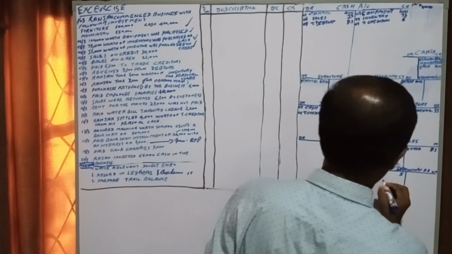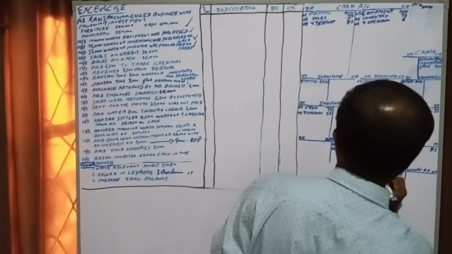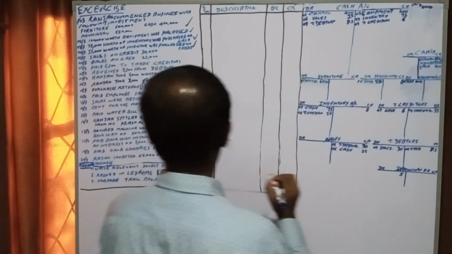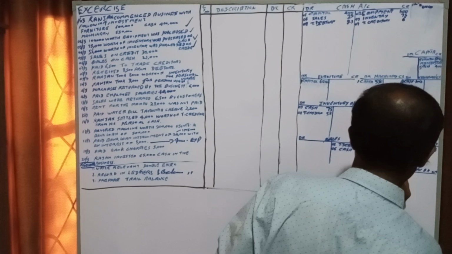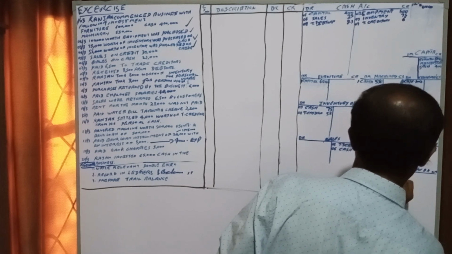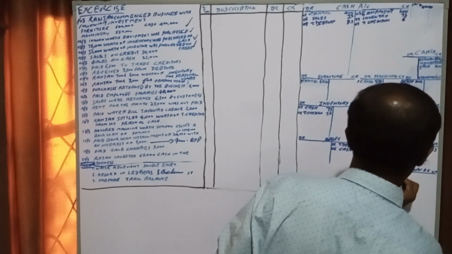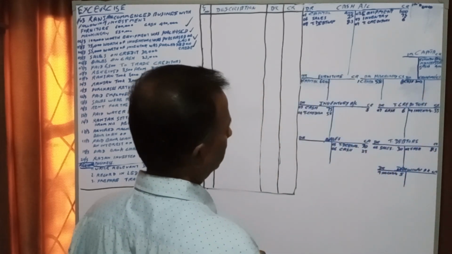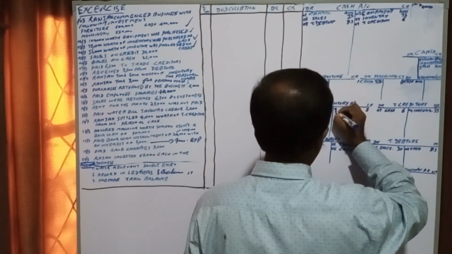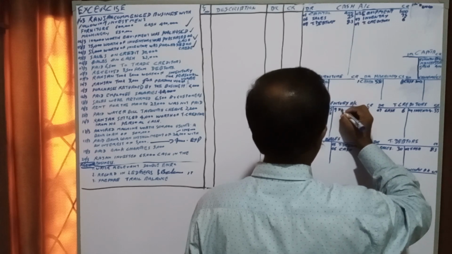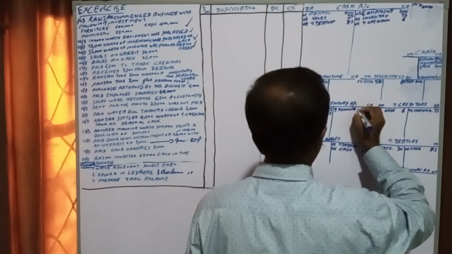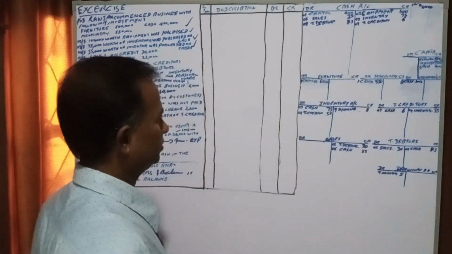So here you will say inventory on 9th, inventory 5, and here you will say 9th drawings, 5,000.